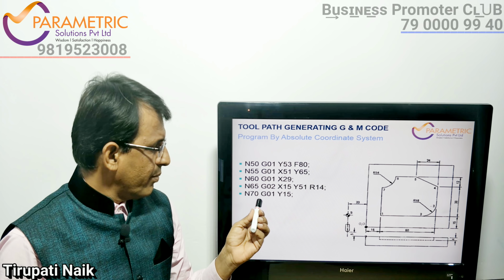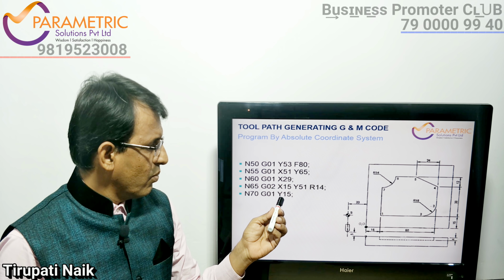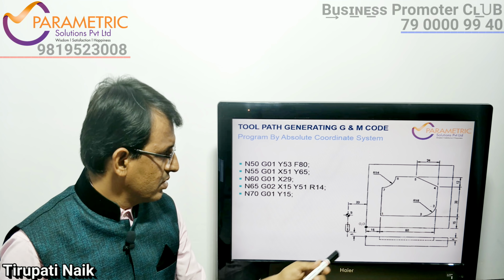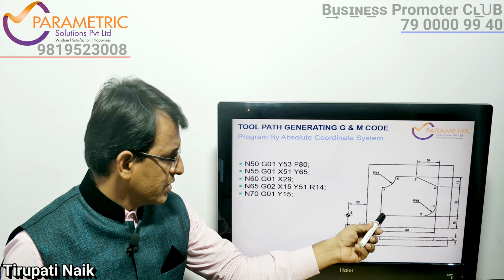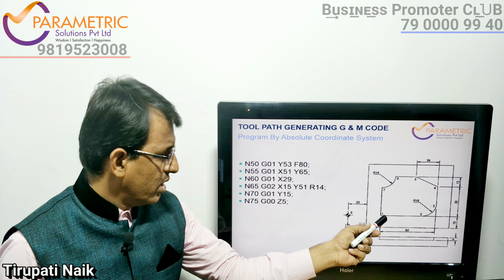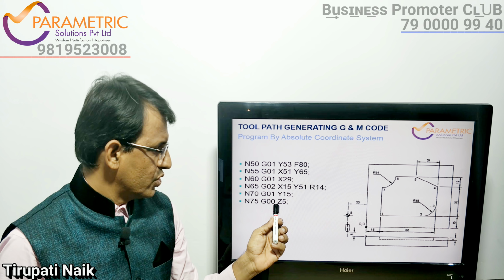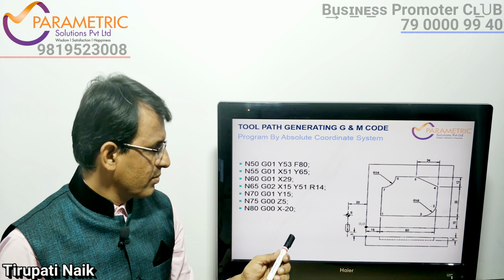So N70, G01, Y15, the distance from here to this point. Then again the tool moves upward 5 mm above, that is N75, G00, Z5.